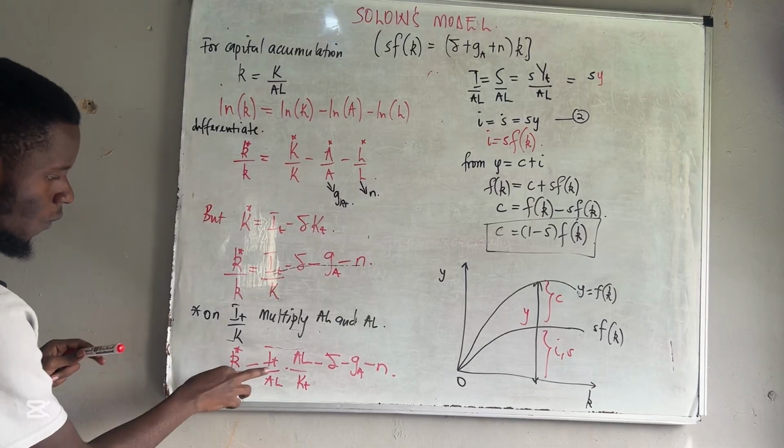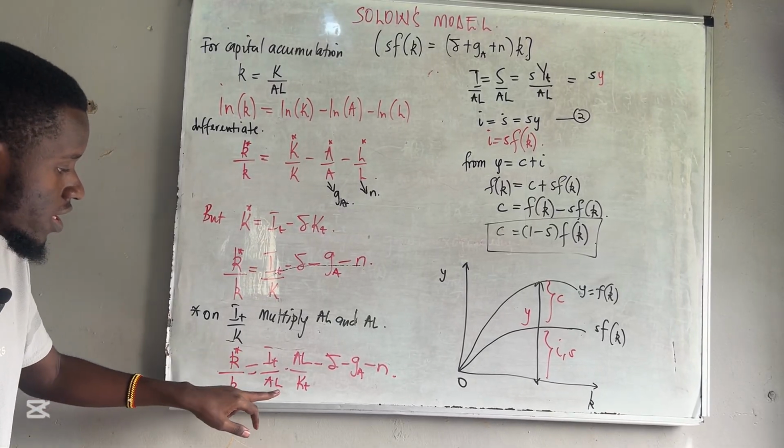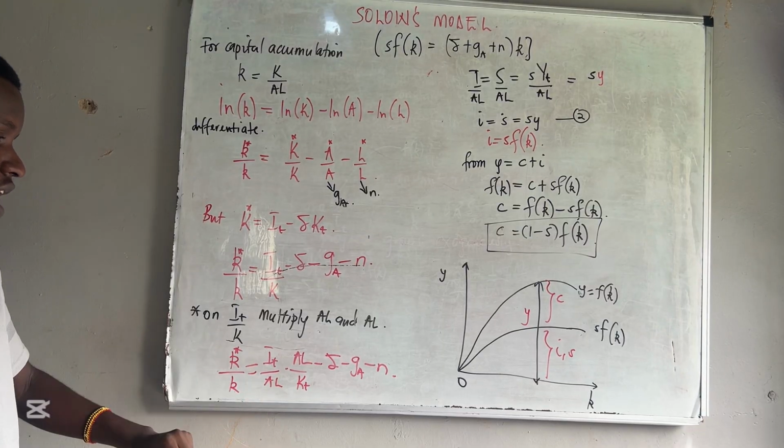But now, what I want to bring in is that, remember we said I(t) over AL is called investment per effective worker.